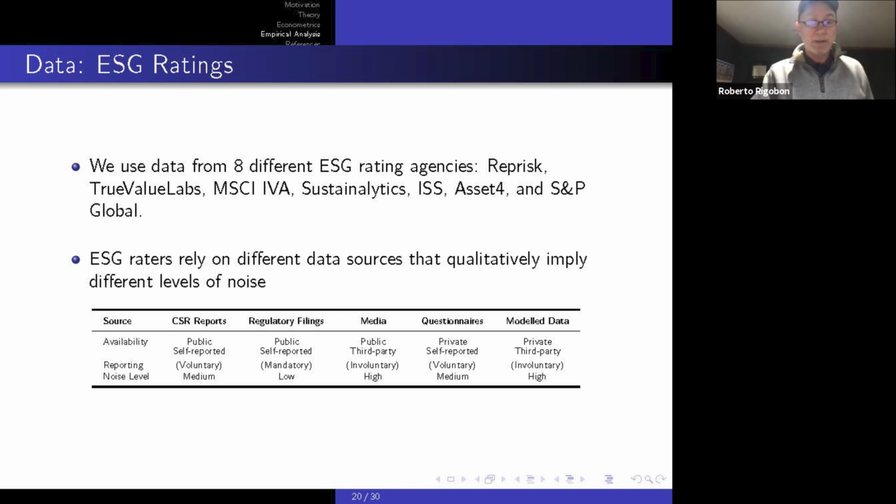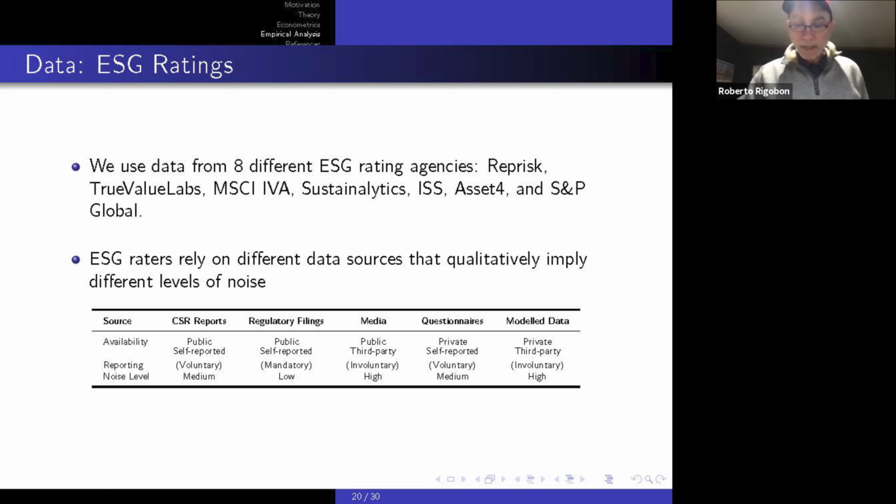For example, True Value Labs and Repris are entirely based on media, and the ratings will change every single day. And you have S&P Global, which used to be RobecoSAM, that is very heavy on surveys. So there are very different natures of the data. All of them are trying, in some sense, to make an assessment of the same thing, but they use very different data sources, so you would expect that the noises are different.